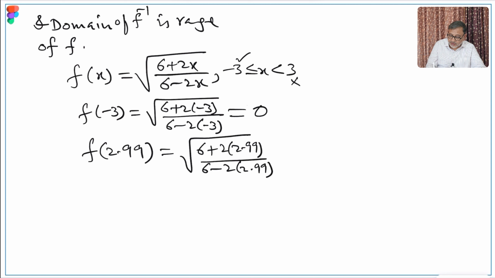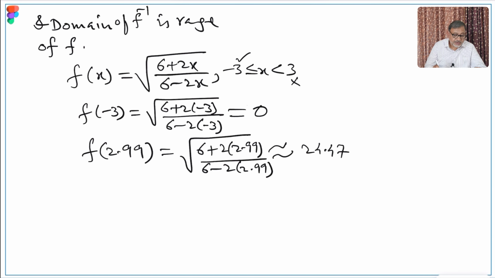So let me find what will be my answer, square root of 6 plus 2 times 2.99 in the numerator divided by the denominator 6 minus 2 into 2.99. So final answer is 24.47. 24.47 less than 3. So it can be any value, isn't it?